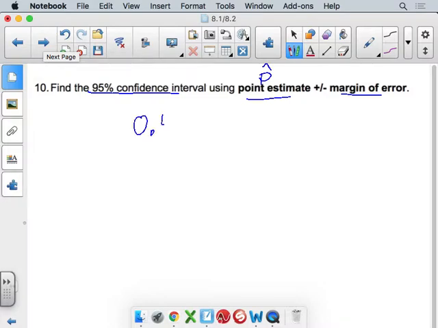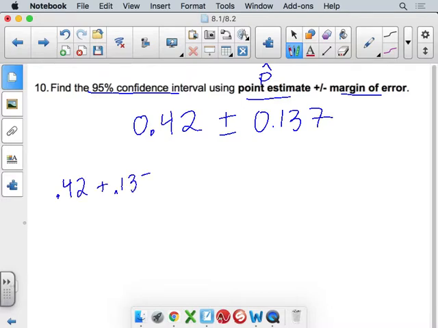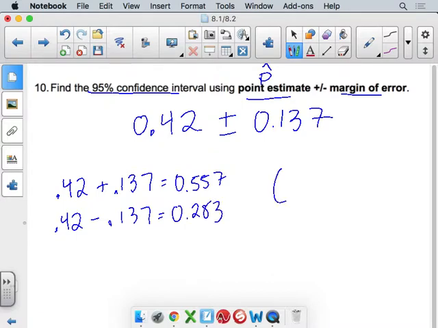So to get my interval, I had 42%, but then we're plussing and minusing a margin of error of about 13.7%. So I literally need to do 42% plus 13.7, 42% minus 13.7. So you get 0.557 and 0.283.